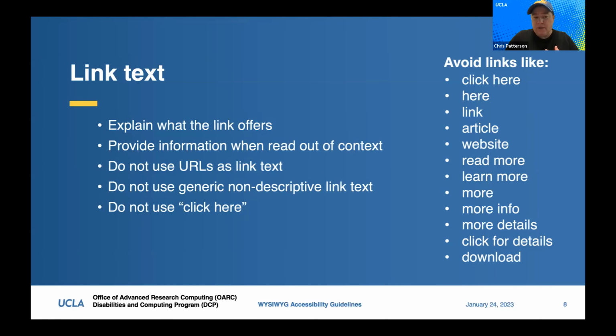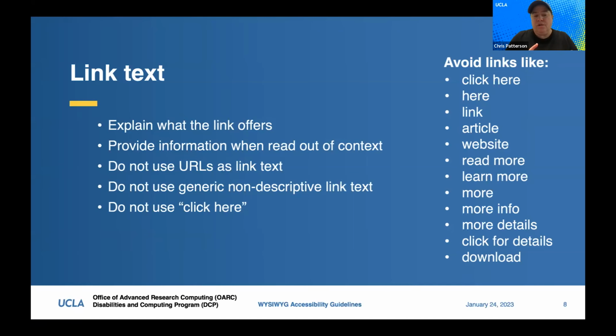You do not want to use URLs as link text normally. There are exceptions. If you're trying to put a link to medschool.ucla.edu, that's fine. It's just the domain name, that's all right. If you've got the whole path to a particular page, don't use that as your link text.